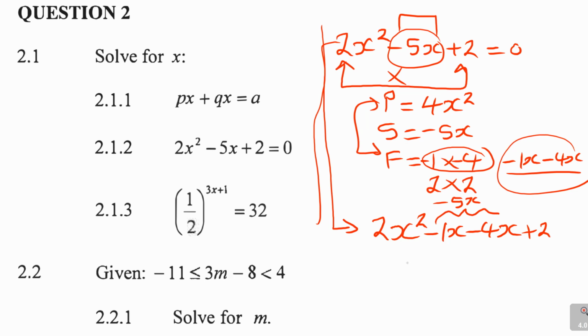Then, why am I doing that? I start having 4 items. I factorize by grouping. What's common in the first two? x. So x cancels this one. It becomes 2x. See that? So you've got 2x. And then x cancels on the other one. You've got minus 1.